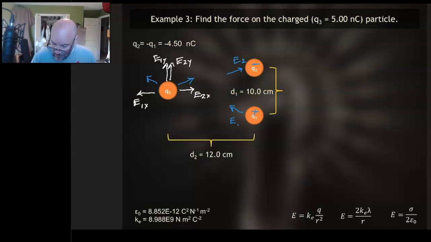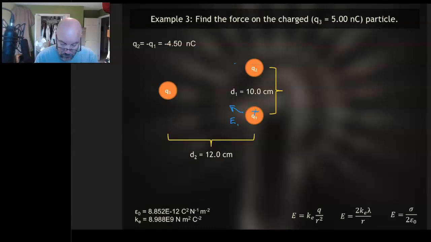I've got to get rid of some stuff here. My drawing's going to get pretty yucky in a hurry if I'm not careful. So let me erase. In fact, I'm going to get rid of all this stuff. And there we go. I've got point charges. Let's just focus on E2 here.